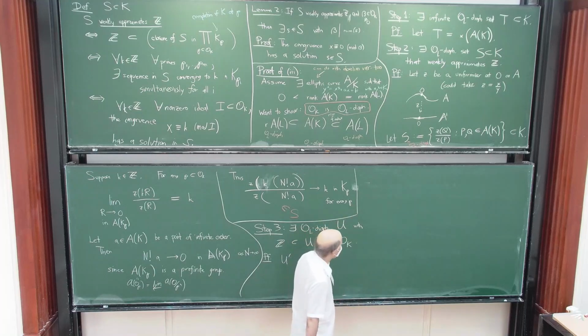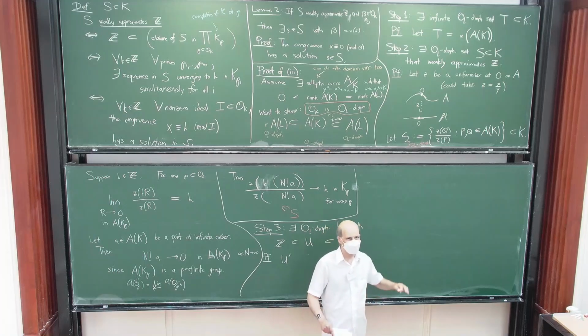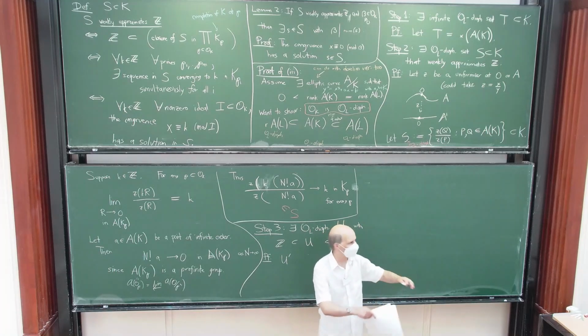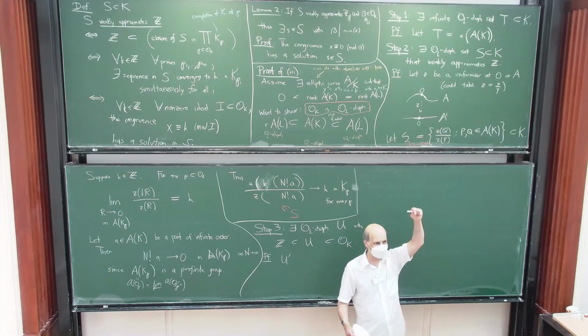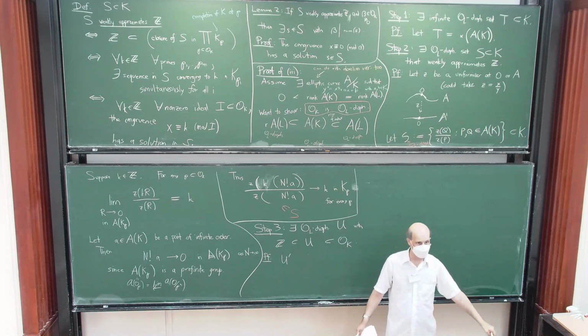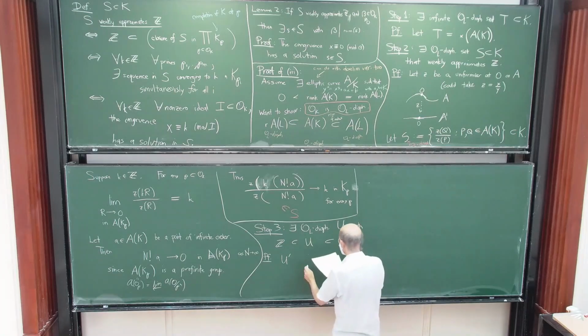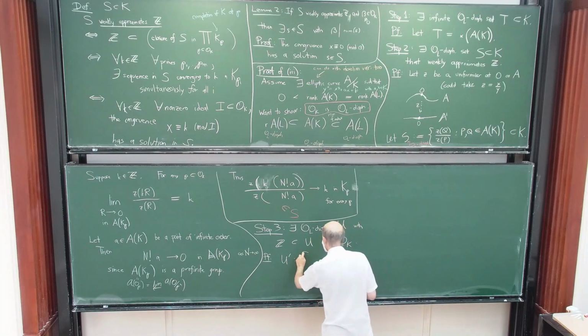I don't know if you remember what that was. That was the one where you put some congruence and some divisibility of ideals to force an algebraic integer to be in a smaller ring of integers. So here's going to be the definition.